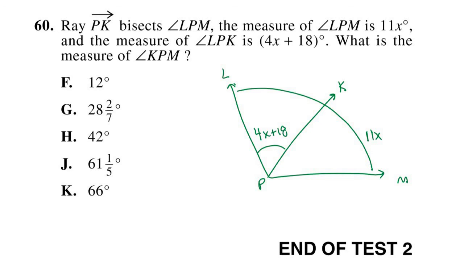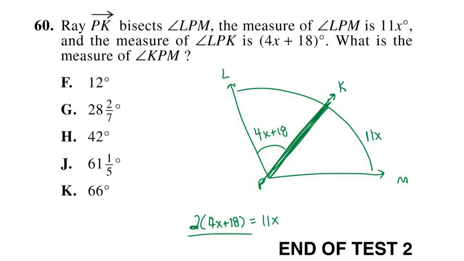So if we know that PK bisects this, essentially cuts this angle in half, we know that 2 times 4x plus 18 is going to be equal to the total angle, which is 11x.